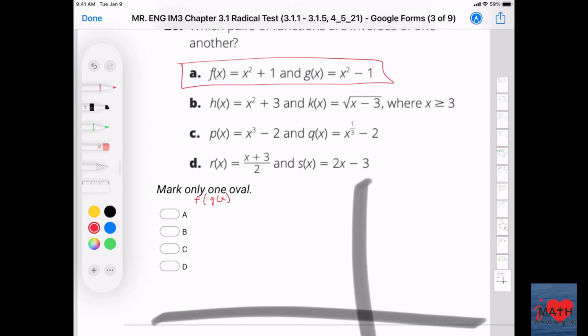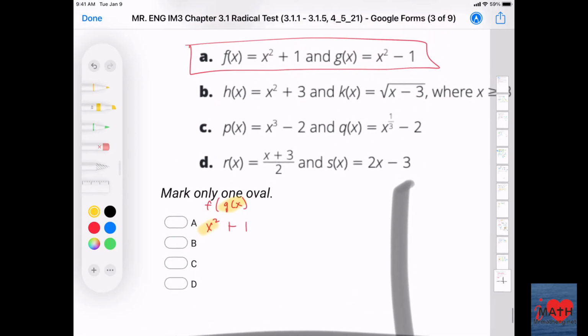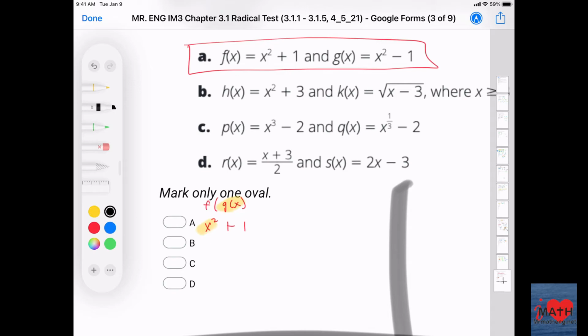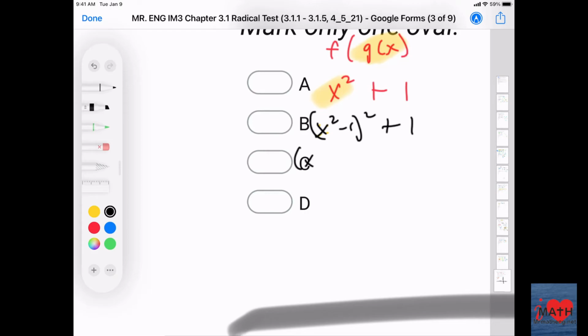So we're going to put g in for f. The f function is x squared plus 1, but every x value now, we are putting in a g, which is x squared minus 1. And what does that mean? You have 2 of those, so all we have to do is multiply those out and add 1.